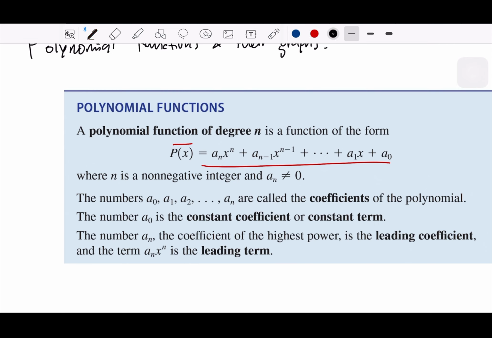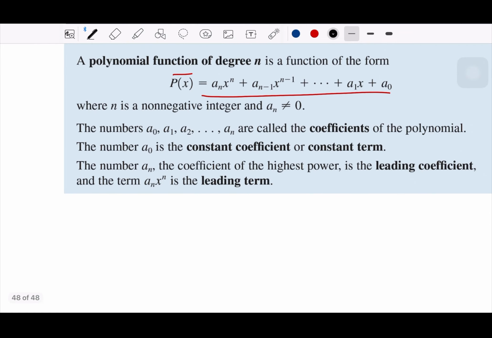For example, if we have 3x to the power of 5 plus, and so on, this is our leading term.